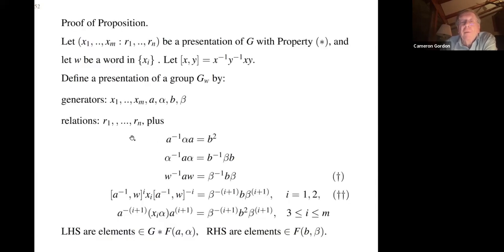When you Abelianize everything, the first relation just says alpha is equal to B squared. The second one just says A is equal to beta. This one says that A is equal to B. This one says that Xi is equal to B for i equals 1 and 2. And this one says that Xi alpha is B squared for the remaining ones. But alpha is equal to B squared, and so that means that Xi is equal to 1.